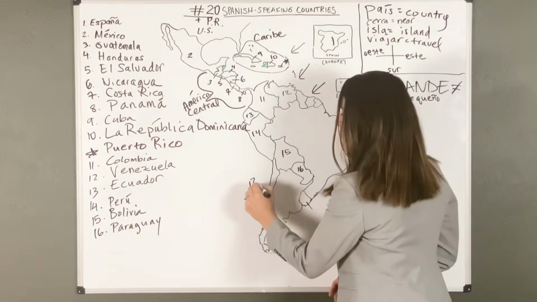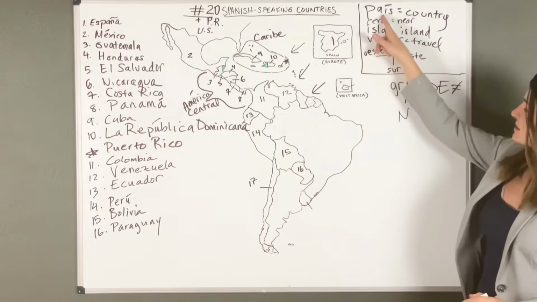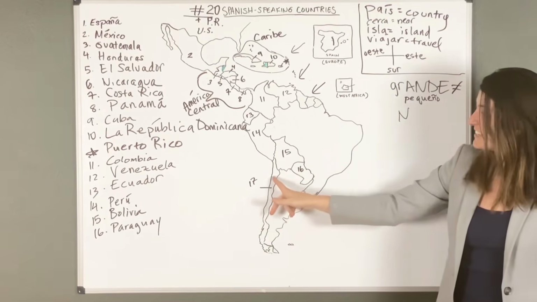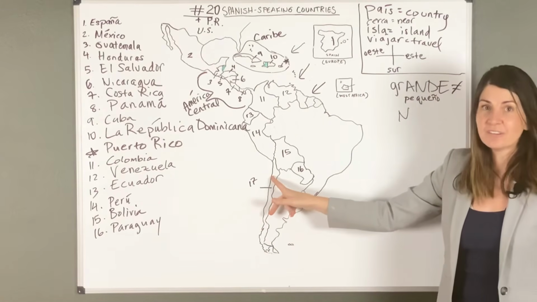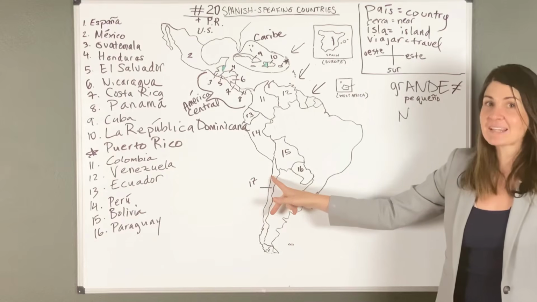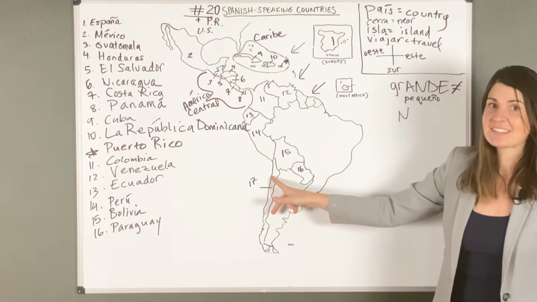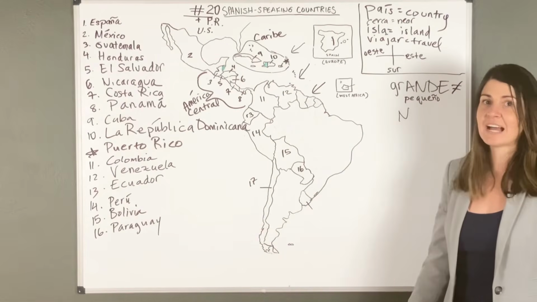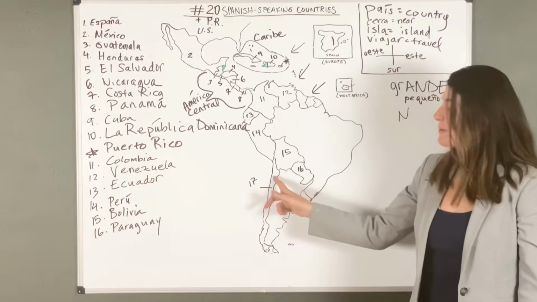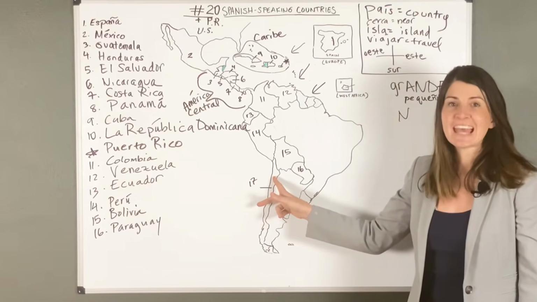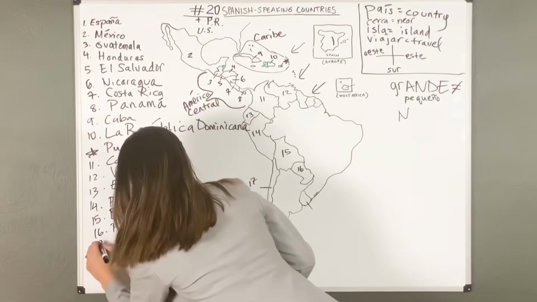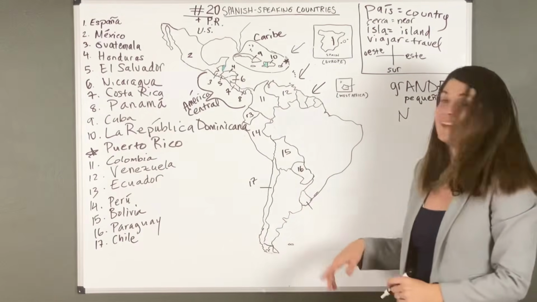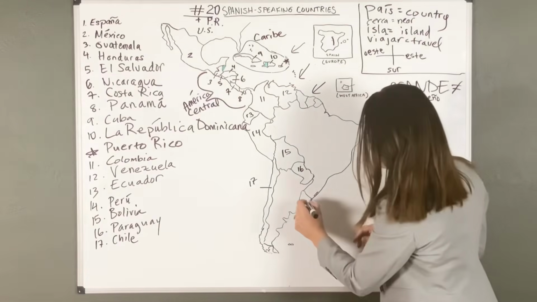17, es un país muy largo y estrecho y tiene el desierto, it has the desert, más árido, driest, en todo el mundo, in all of the world. Atacama. ¿Cómo se llama este país? Chile. Excelente, muy bien. 18.